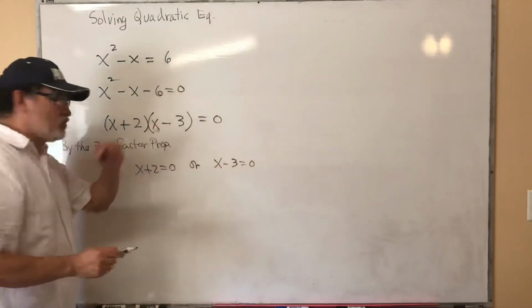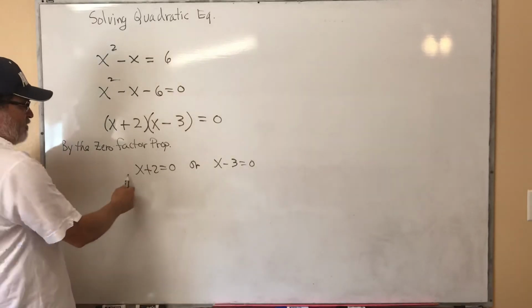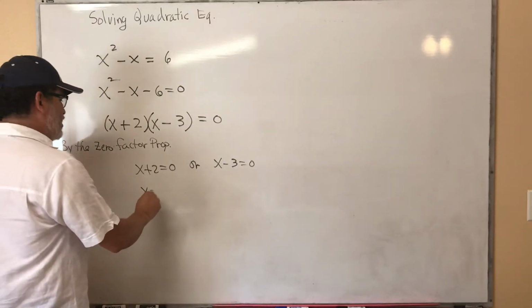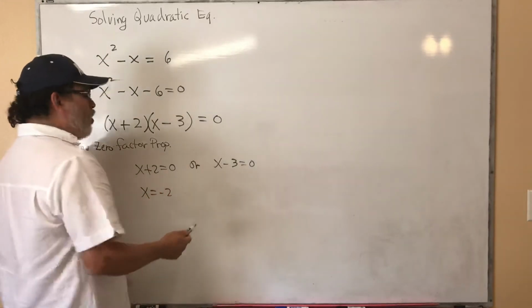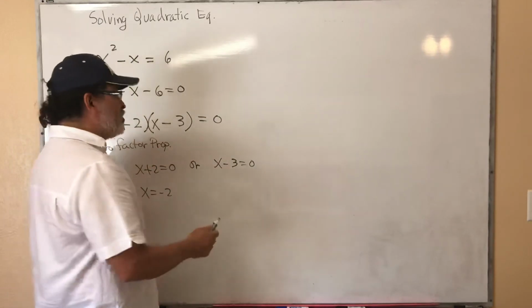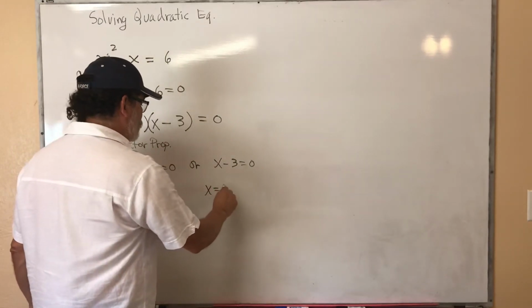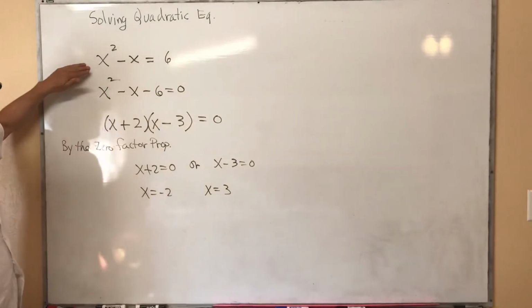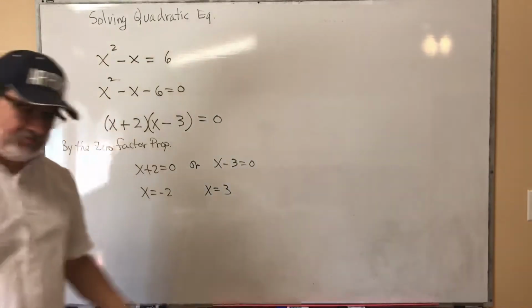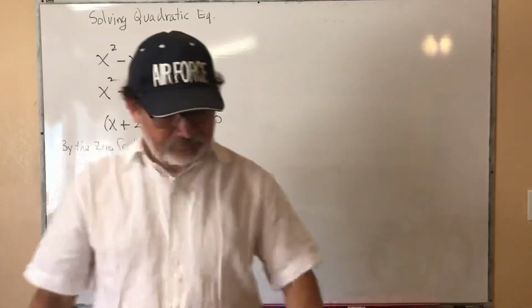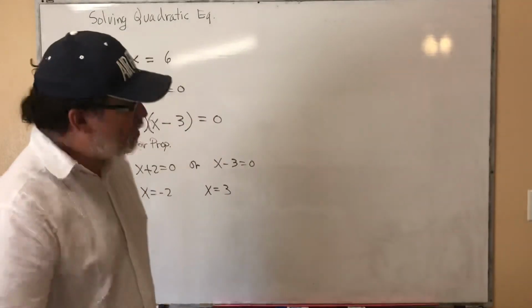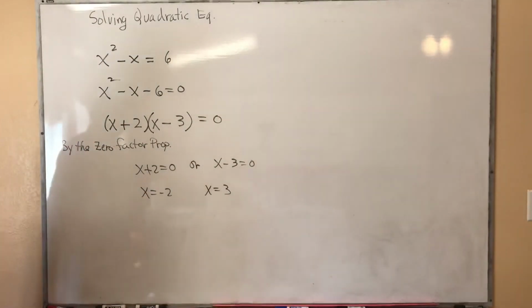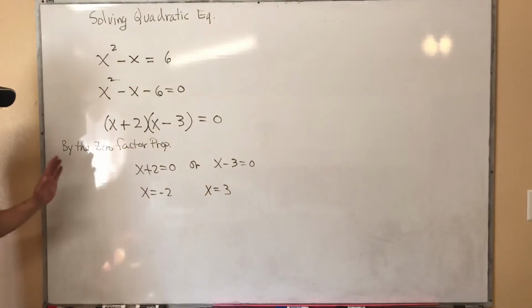The next factor equals 0. If x plus 2 equals 0, then x equals negative 2, or if x minus 3 equals 0, x equals 3. And now this quadratic equation has been solved. No problem. Okay, this was no problem.